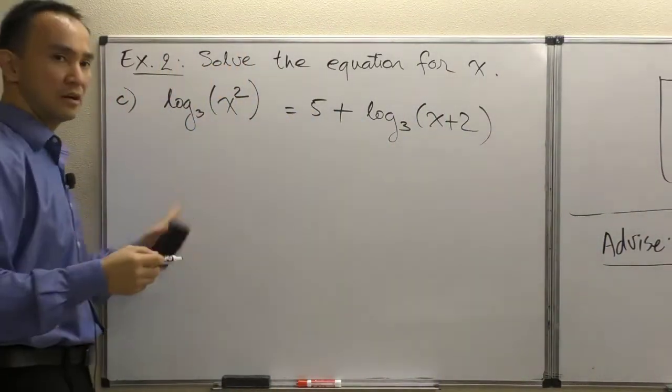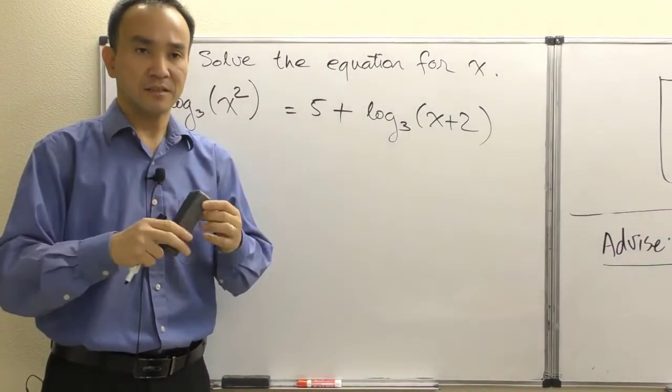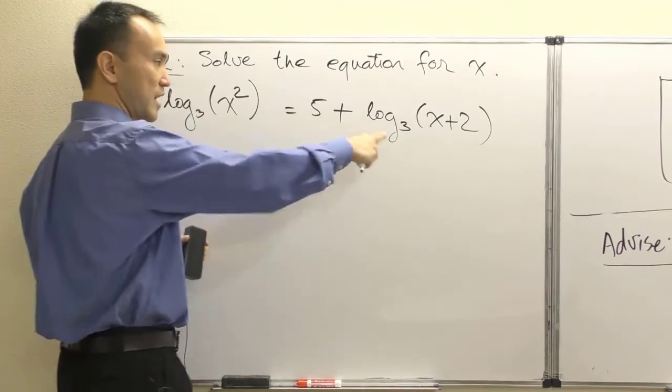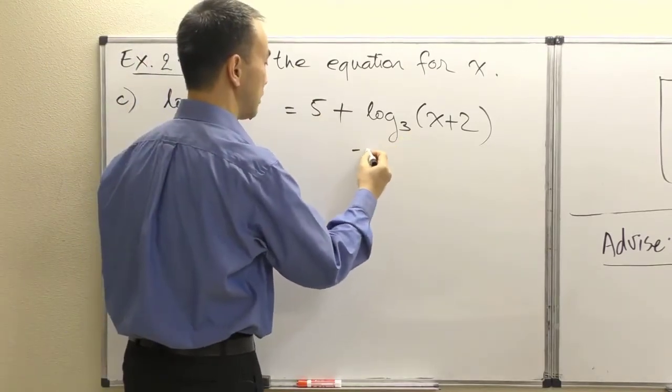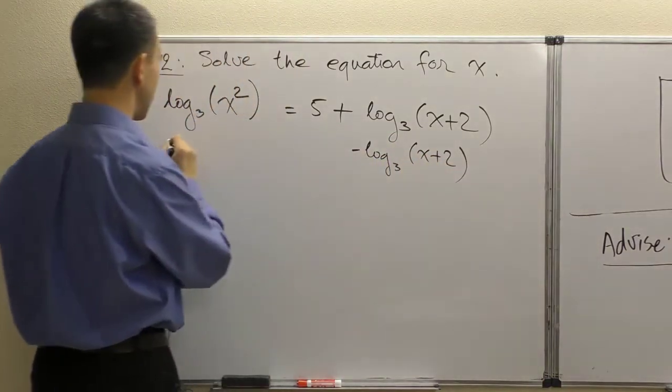All right, so now, personally, I like to leave the log terms on the left-hand side. So now I'm going to subtract log base 3 of x plus 2 from both sides of my equation.